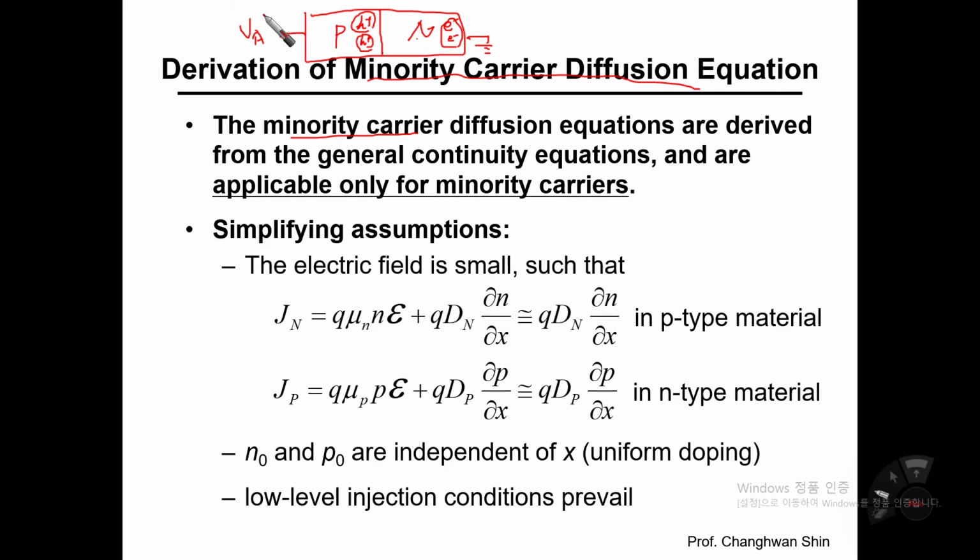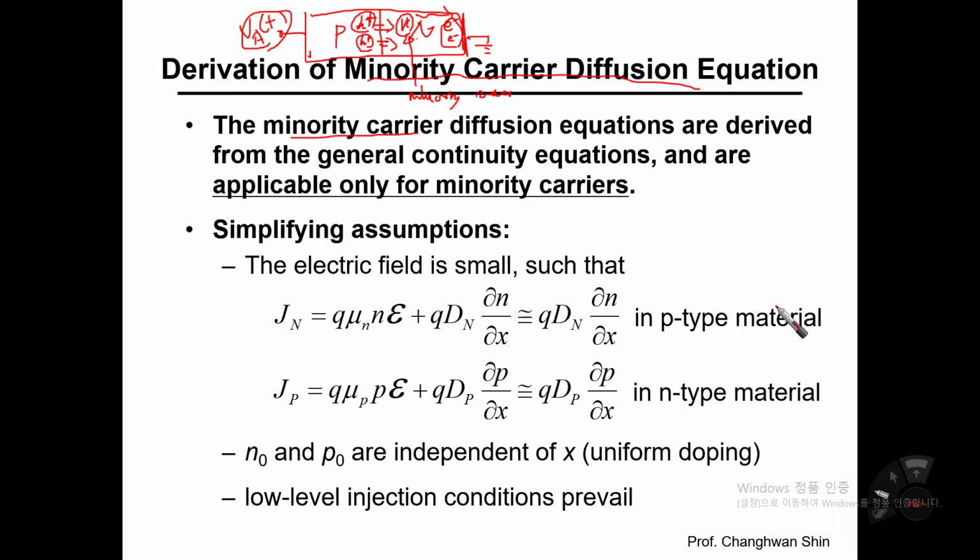If you apply positive voltage onto the p-type silicon, these holes would move toward the n-type. Once a hole is injected and arrives at the n-type material, this hole becomes a minority carrier, right? Then, still moving toward the edge of the n-type material because positive bias is still applied.